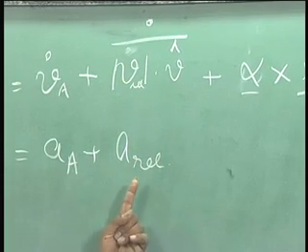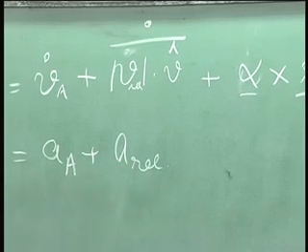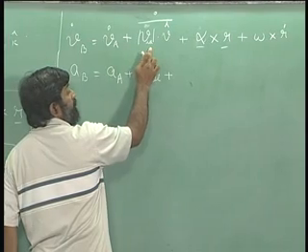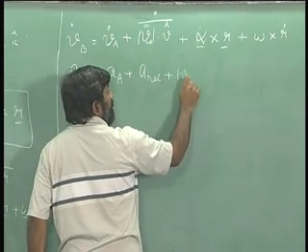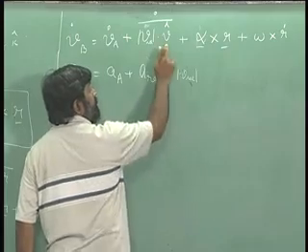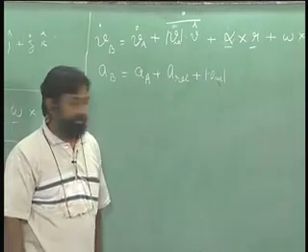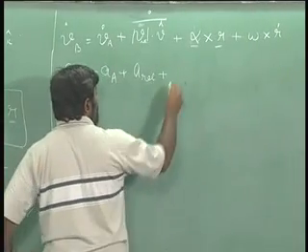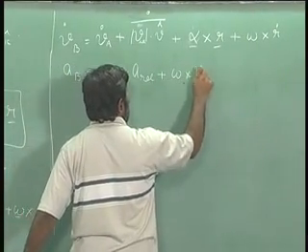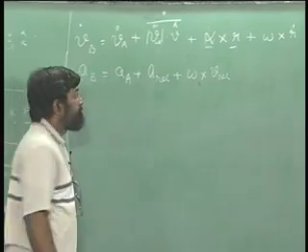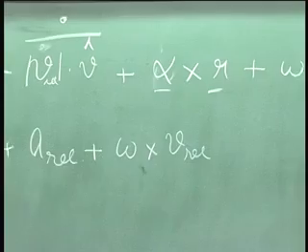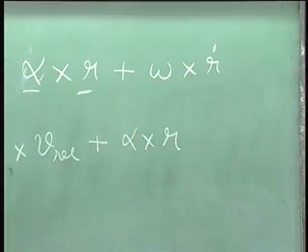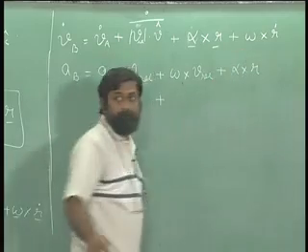I am going to write it as A relative plus V relative magnitude times, which directly I can write to be omega cross, plus alpha cross R, plus what is this?